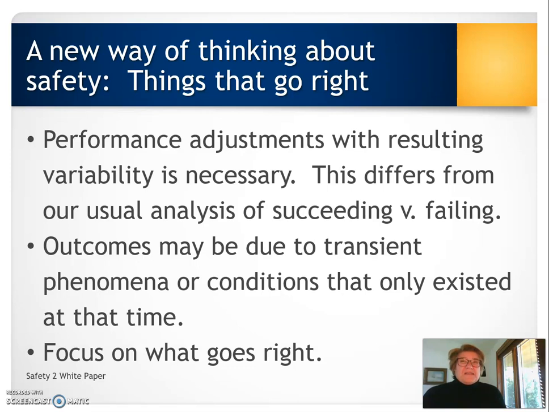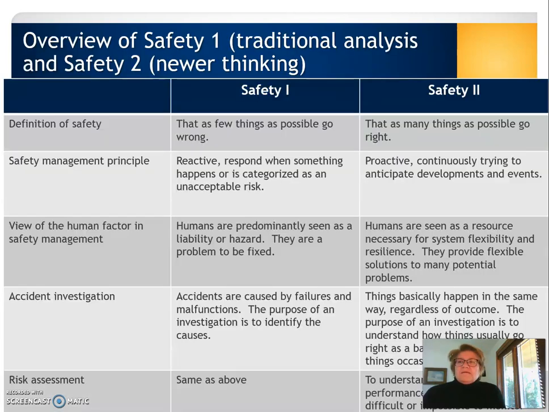So basically what it says is if you do a review of the incident and maybe the nurse or the physician is distracted because their child last night had an earache and they hadn't slept all night and they're waiting for the doctor to call, you're not going to necessarily replicate that in an action plan. It probably will only exist at that time. So you focus on what goes right. Again, a new way of looking at things. And here is a slide that lays that out.